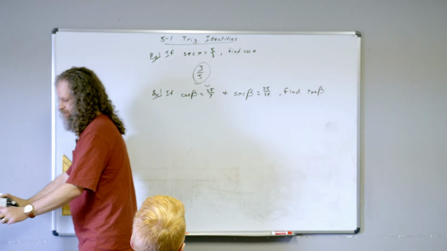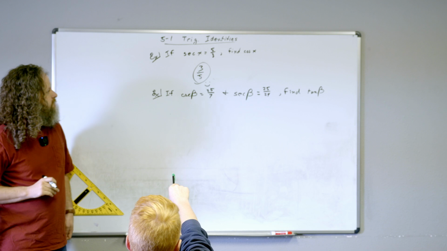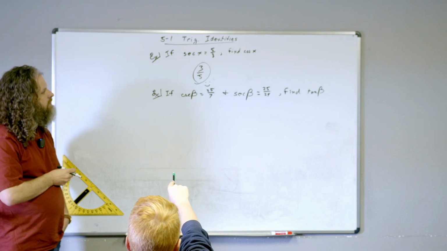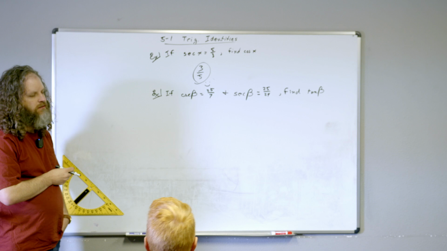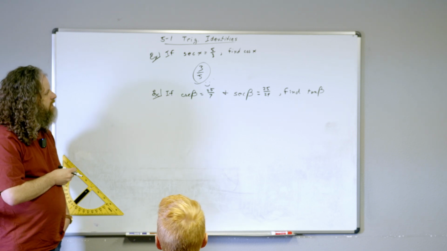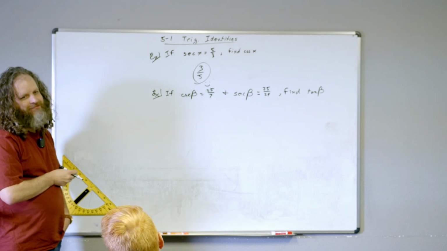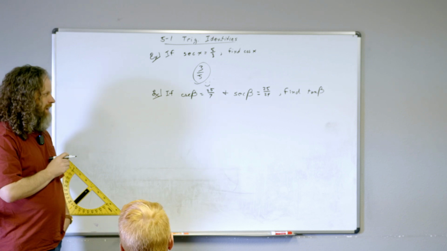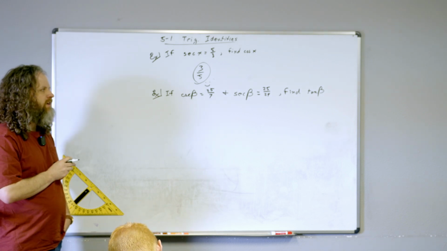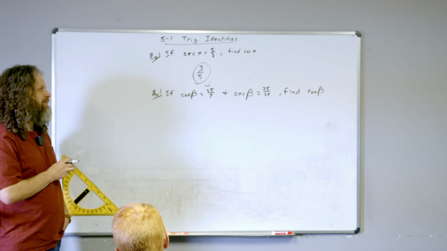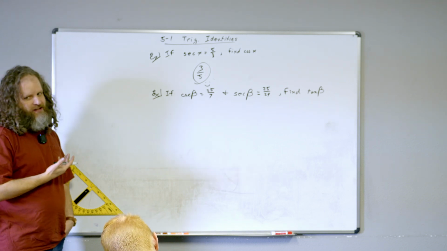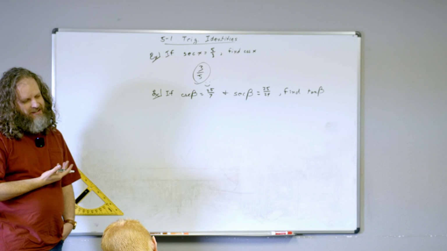You wrote cosecant, secant, tangent. So cosecant's the reciprocal of secant? No, cosecant is not the reciprocal of secant. Cosecant is the reciprocal of sine. So there's sort of two ways to approach this problem.